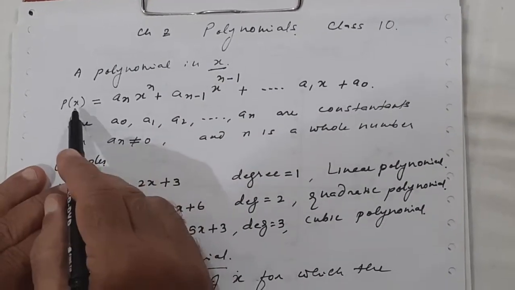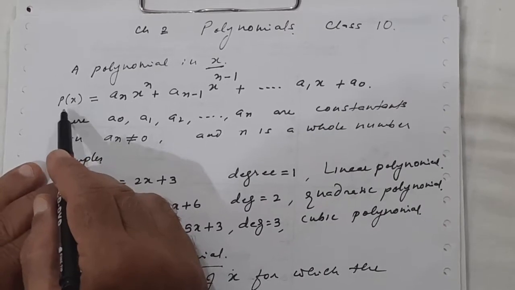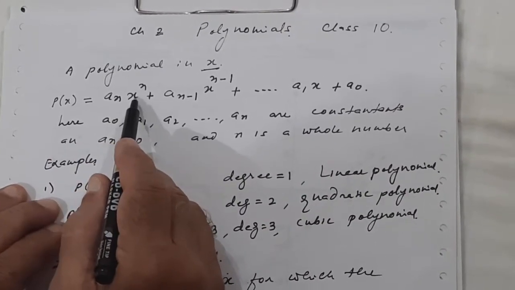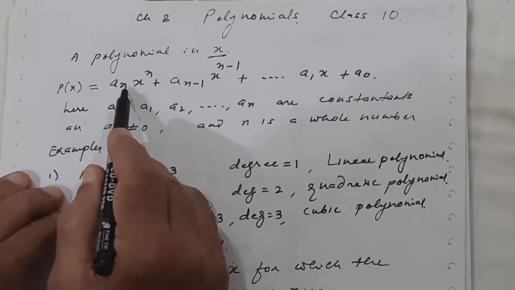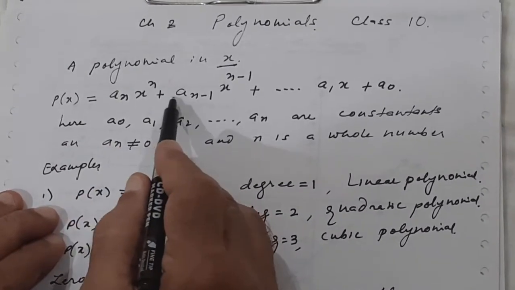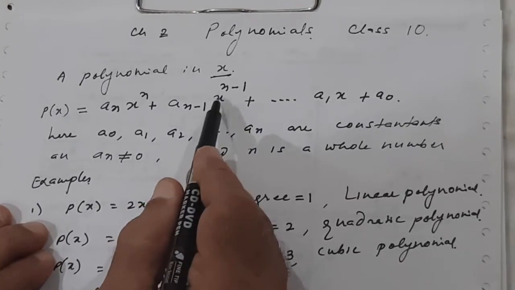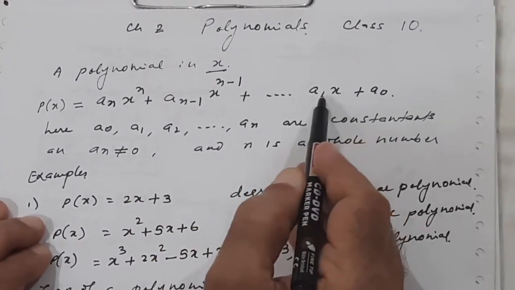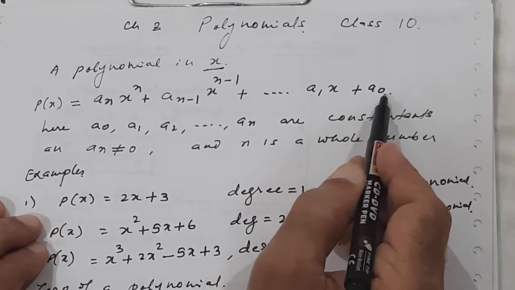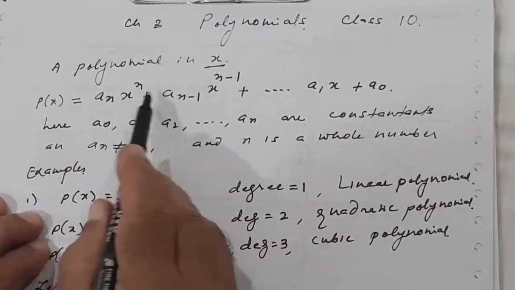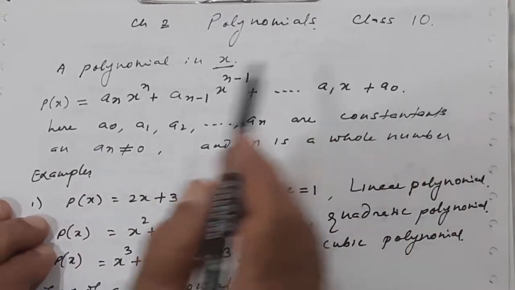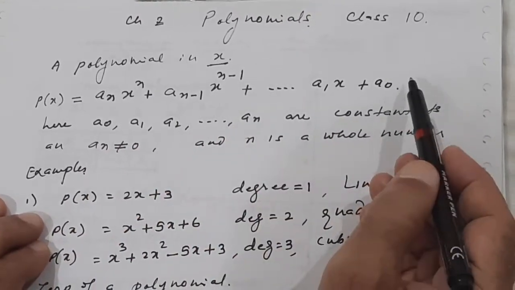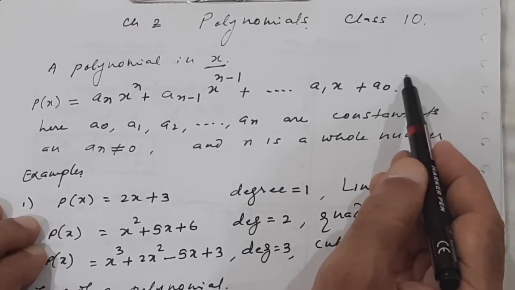So, polynomial in x, that is p of x, is equal to a_n x raised to n, and go on reducing n by 1, plus a_(n-1) x raised to n minus 1, plus dot dot dot, a1x plus a0. You see that in this definition n goes on decreasing by 1 and finally n becomes 0.